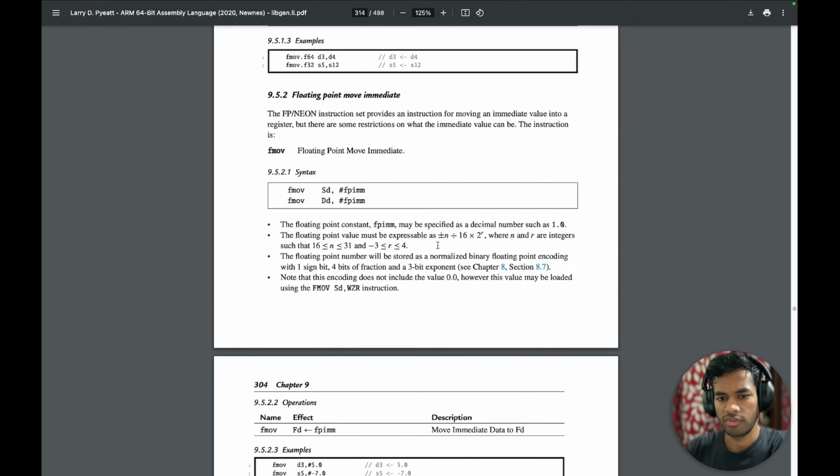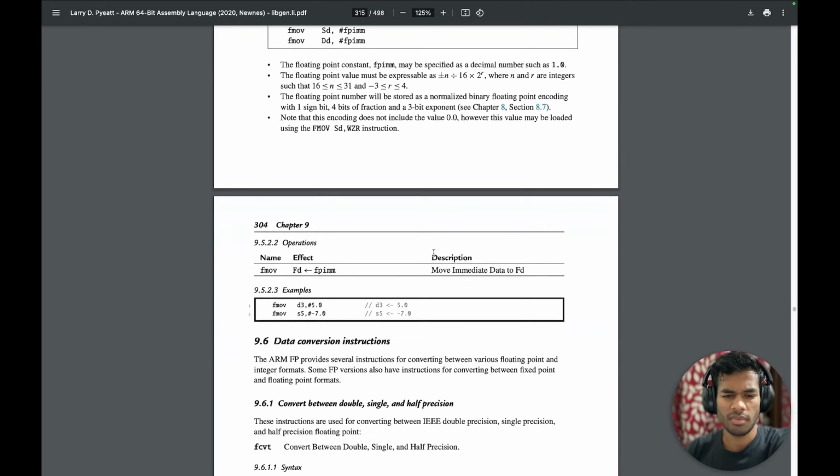N divided by 16 times 2 to the power minus 3 to 4. Okay, let's go with that. And then I can do F move, the destination register, and then my immediate value.